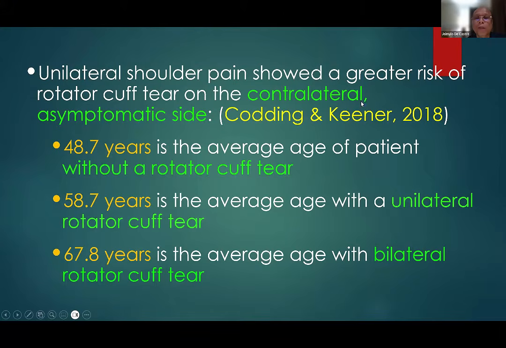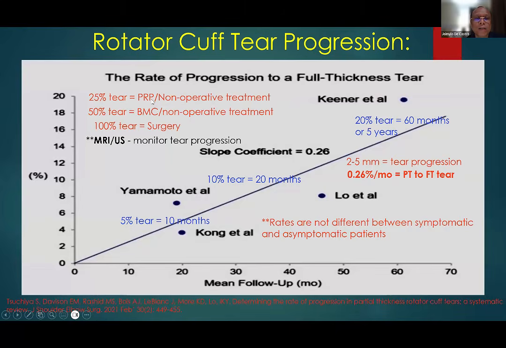There could be a 20% tear. Now, the key is that there is a 2 to 5 millimeter tear progression over a certain month period. And with something like a 25% tear, we can still do your PRP treatment, but hopefully not steroids, because as you can see, steroids can induce an additional fragility of the tendons.